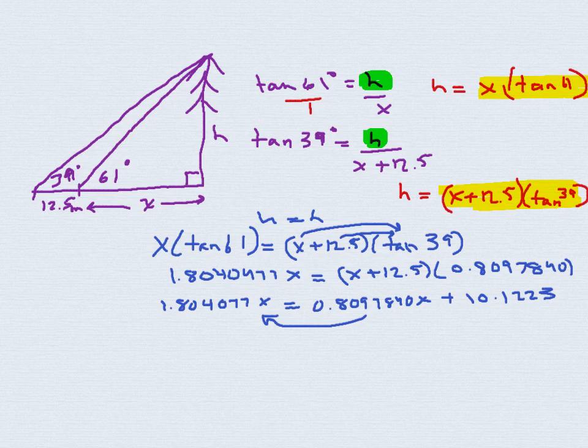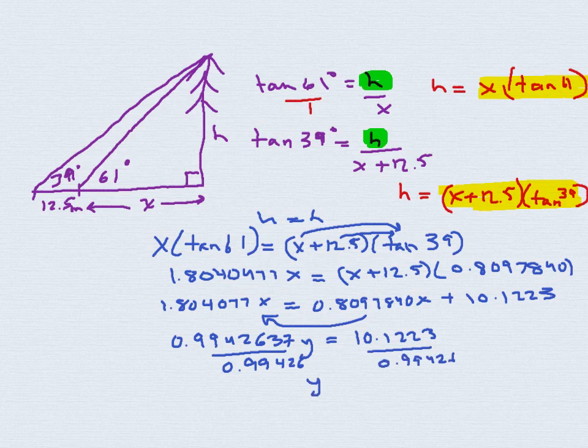Put those two terms together, you bring that over and change the sign, you're going to end up with the difference of 0.9942637 y. It's going to equal 10.1223, and you want to solve for y. So you divide by the coefficient, 0.99426 on both sides.